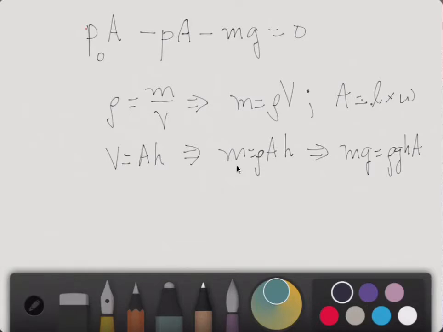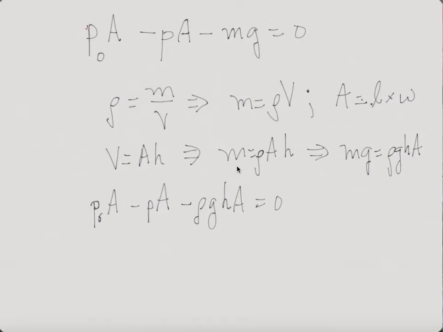So we're going to substitute that back into our original equation up here. And all this is equal to 0. So I want you to notice that the area is going to be the same all the way through, so we can just take that out.